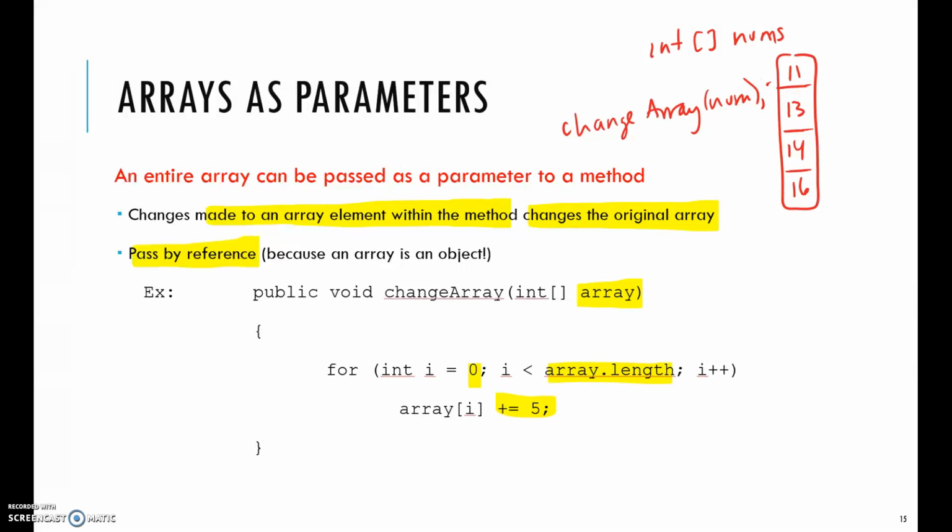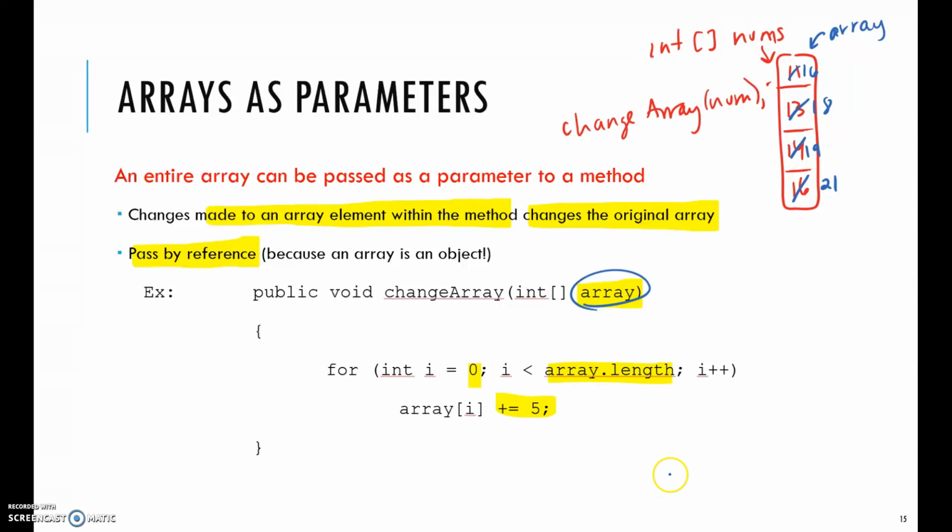Well, what's going to happen is inside the method, my formal parameter called array is going to create its own reference variable pointing to the exact same array that nums pointed to. And then it is going to add 5 to each of the entries in the array called array. Well, array points here, so it's going to turn this to 16, and this to 18, and 19, and 21.